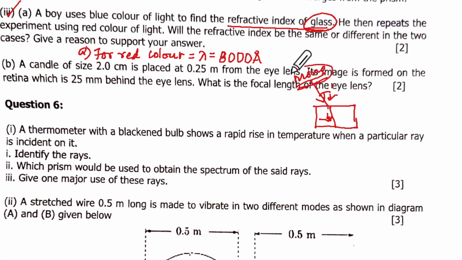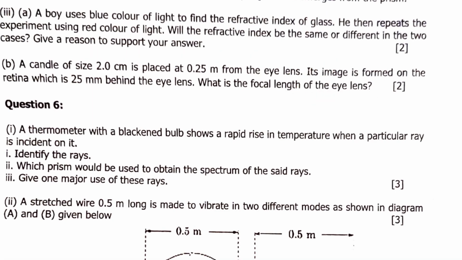He has to use a monochromatic ray of light. So he uses blue, then he uses red. Whatever it is, the ray will be refracted through the same angle because the glass slab is the same. You are understanding this? Yes. Okay.